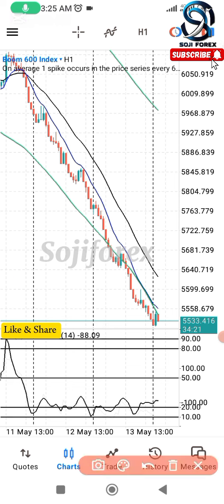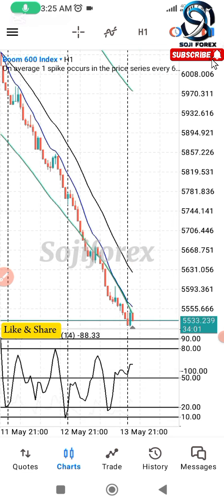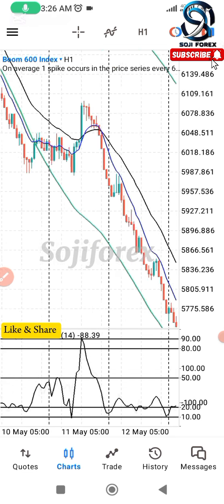You buy, but look at what is happening. The price is still selling. You went and bought, price is still selling. So you can see for how long price has been in this place. So there is obviously nothing like overbought and oversold zone, right? So let's take note of that.